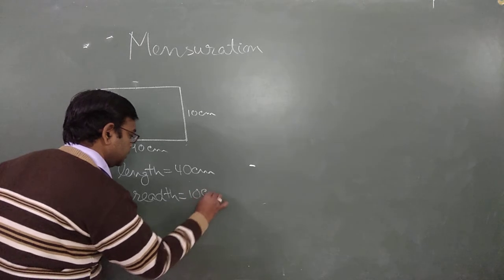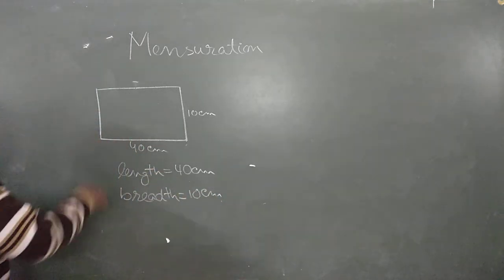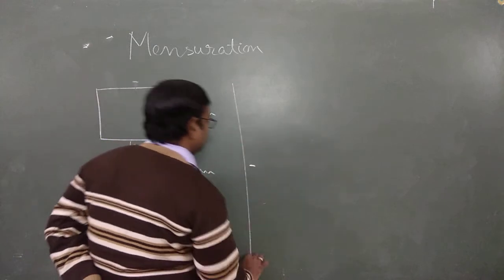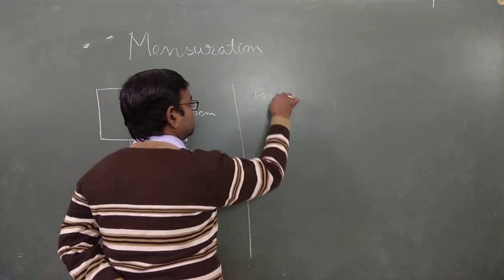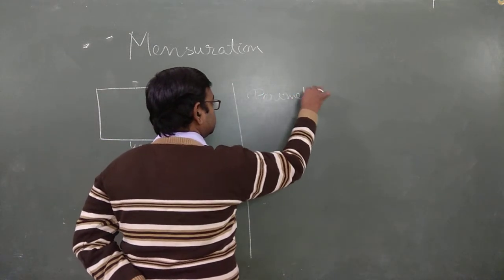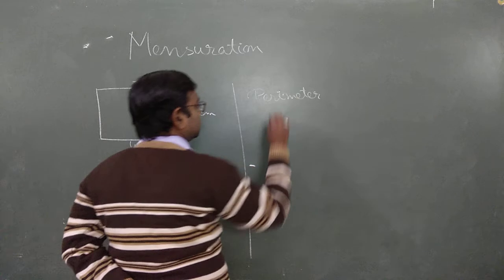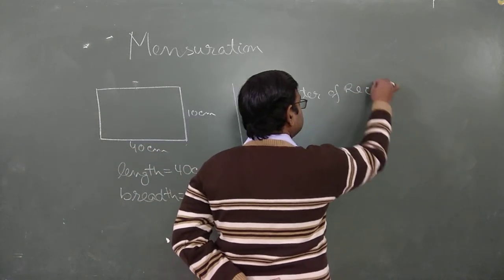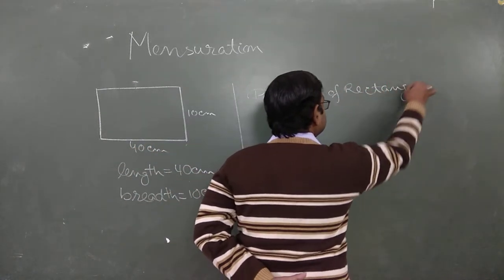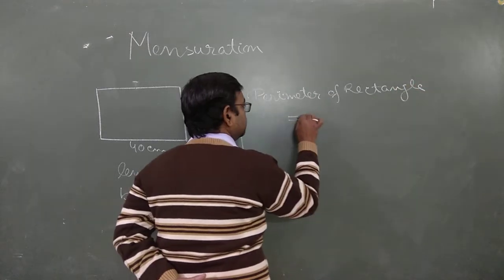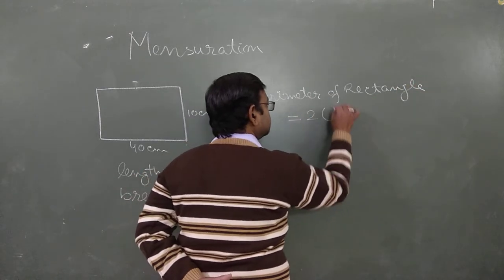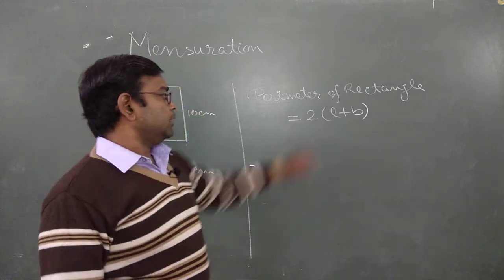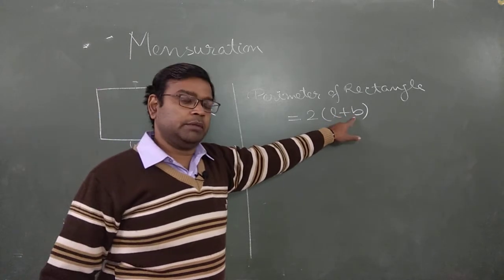Then breadth we have 10 centimeter. Length means L, breadth means B. So the perimeter of a rectangle is equal to 2 into (L plus B). L represents length, B represents breadth.